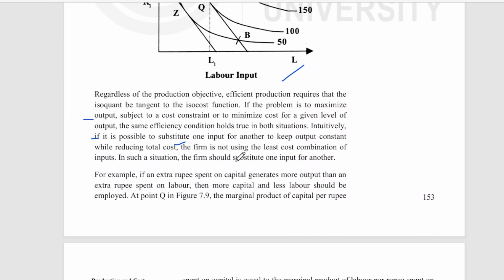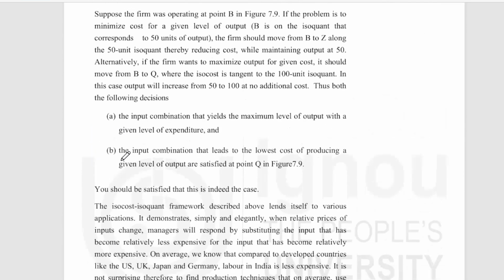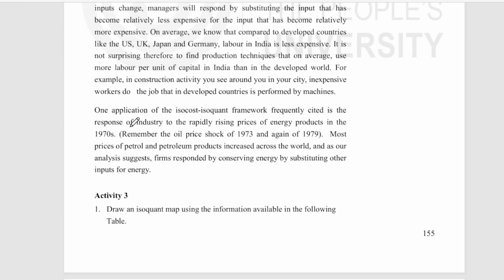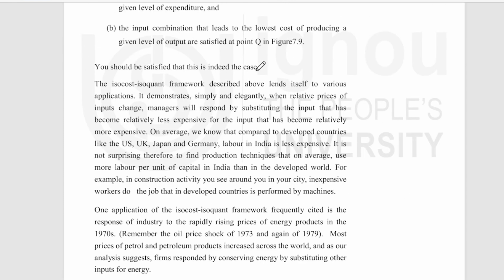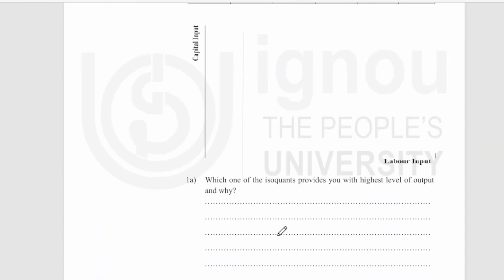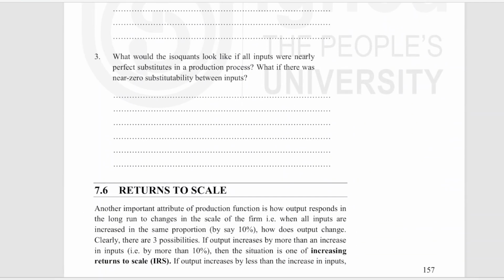In such a situation, the firm should substitute one input for another. There is an example also here, please go through it. You should be satisfied that this is indeed the case. This is one case study, so please go through it from your IGNOU study material. And activity 3 is here, based on this subsection, so it will be more clear. Try to do it. If you have any doubts, you can contact us anytime.